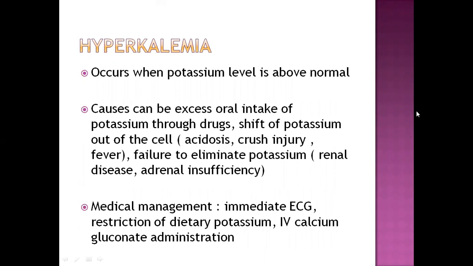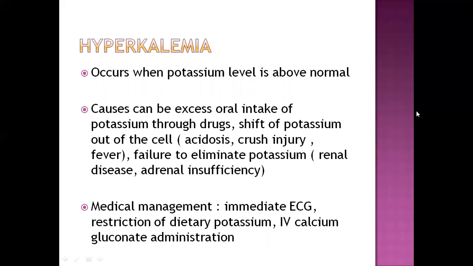Next condition is hyperkalemia, when there is excess potassium in the body. This can be due to excess oral intake of potassium sources or through any drugs, or excess shift of potassium out of the cell. This occurs in disease conditions like acidosis, crush injury, fever, or failure to eliminate the potassium, renal disease, or adrenal hormone insufficiency.